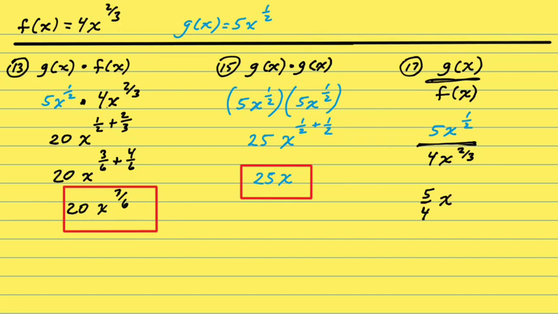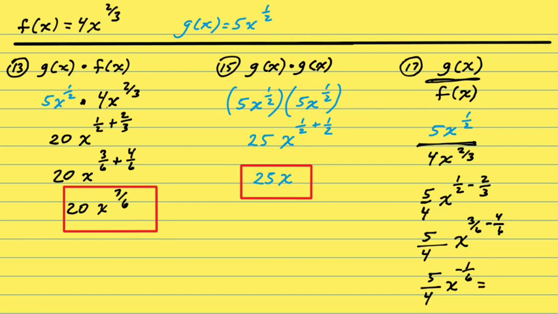And since you're dividing like bases, you subtract exponents. 1/2 minus 2/3. So that's 5/4 x to the 3/6 minus 4/6 makes it 5/4 x to the negative 1/6.